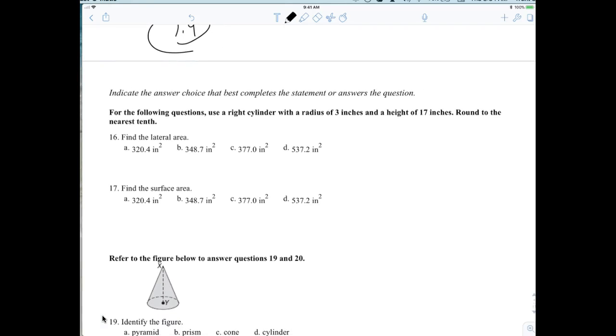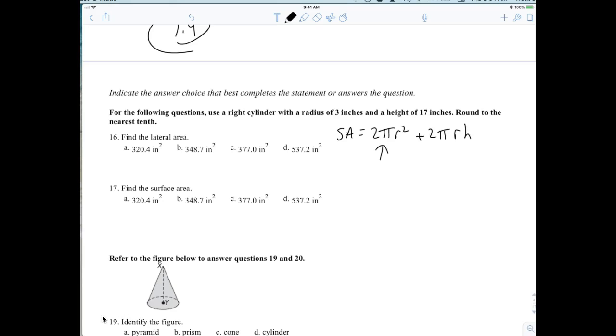So it says, find the right cylinder. All right, so the lateral area is the circumference times the height, because that's the perimeter. If I'm looking at a cylinder, the surface area is 2 pi r squared plus 2 pi r h. Now just listen.